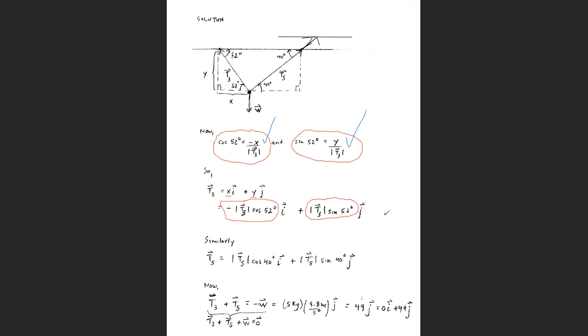Christopher's asking, are you using X as a measure of tension in the X direction or a distance? The X and Y are components of the tension T sub 3. They're component forces. That's correct. And so the signs matter.